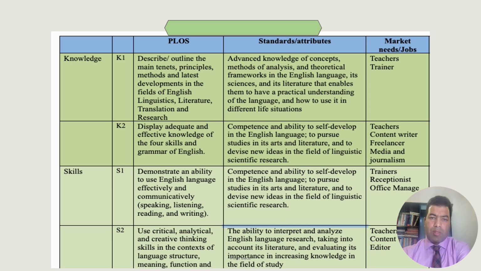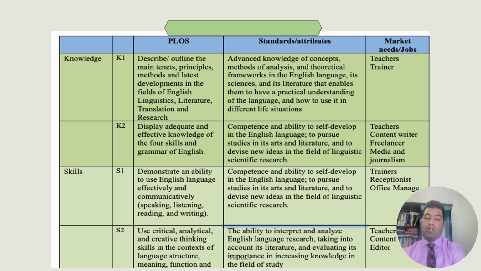A student who passes the BS English course should have basic knowledge of linguistics, literature, translation, and research, a standard attribute. He should be able enough to perform in the field, with advanced knowledge of concepts, methods of analysis, and theoretical frameworks in the English language and its literature, enabling practical understanding of the language and how to use it in different life situations.